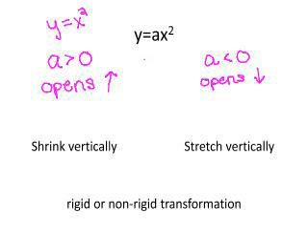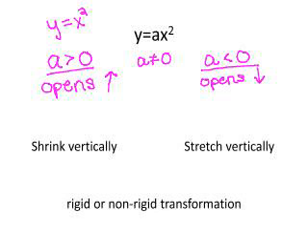And keep in mind, the a cannot ever equal 0, because if a is equal to 0, then you've taken out your quadratic term. The x squared is gone. So it either has to be greater than 0 or less than 0.